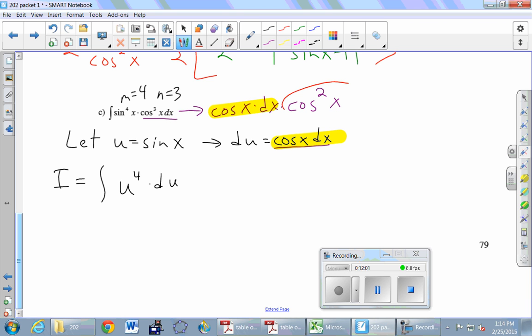which means I still need to find a way to get that cosine squared dealt with, right? But cosine squared is part of a very famous trig identity. We know that sine squared of x plus cosine squared of x is always equal to 1. And that's going to be the magic to finish this one.